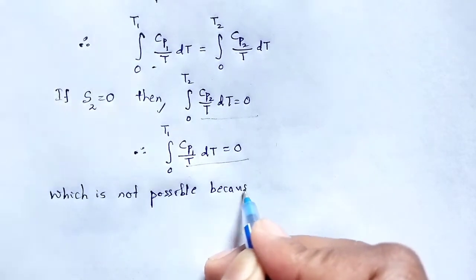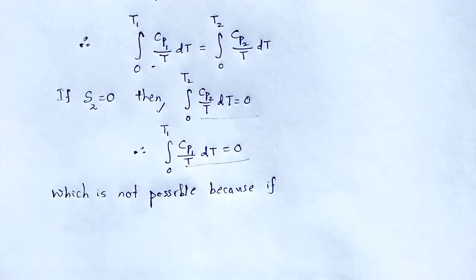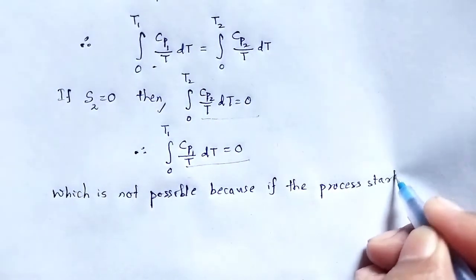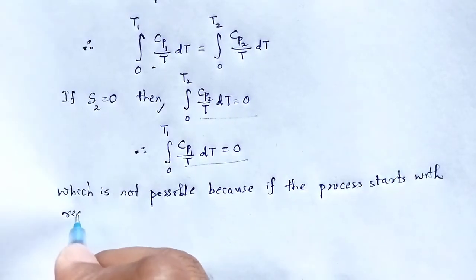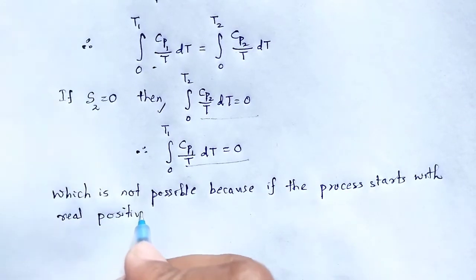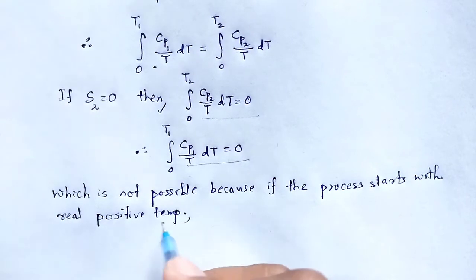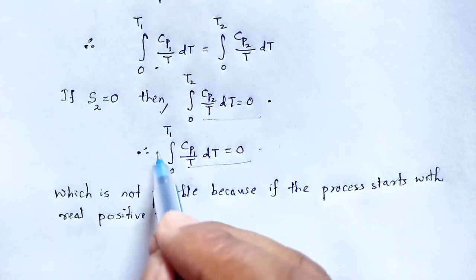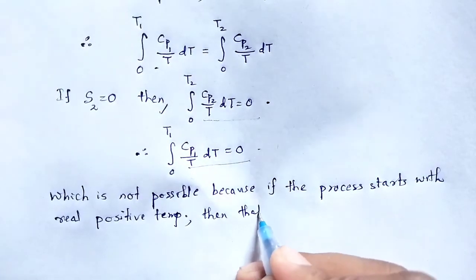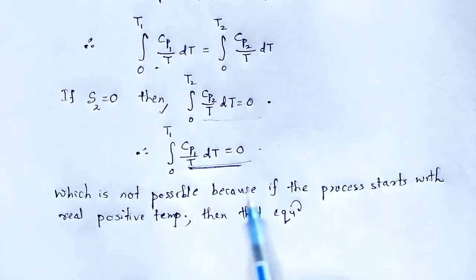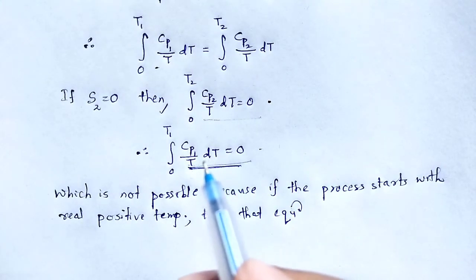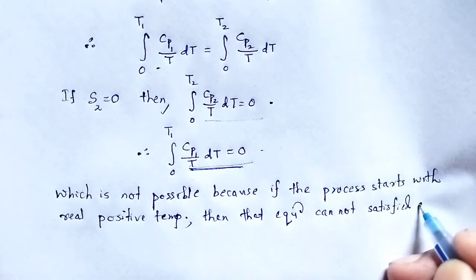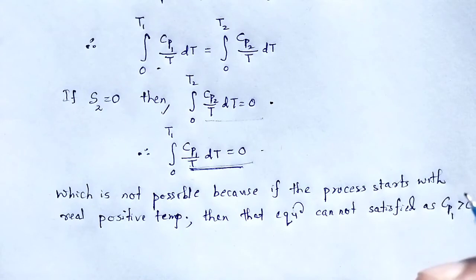because if the process starts with a real positive temperature, then that equation cannot be satisfied, as Cp1 is greater than 0 at all temperatures.